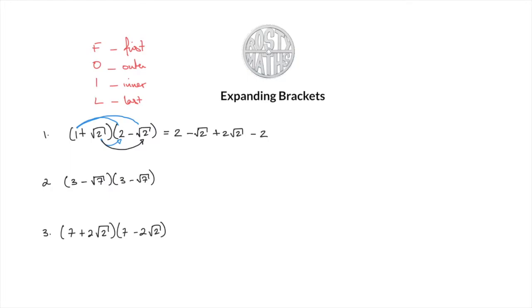Now, that brings us to a slight glitch, because you might be asking, well, why is that 2? Well, this goes back to my last video on multiplying and dividing surds. If I've got root 2 times root 2, you remember the rules from the last 2 videos. You can just put these 2 in one massive square root.